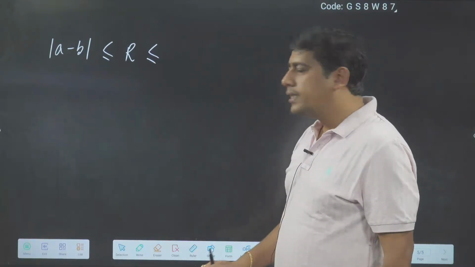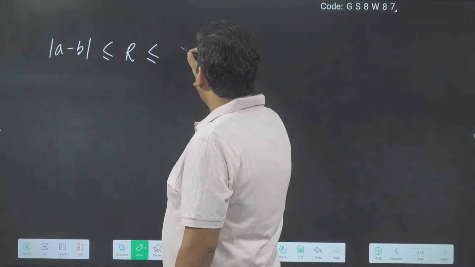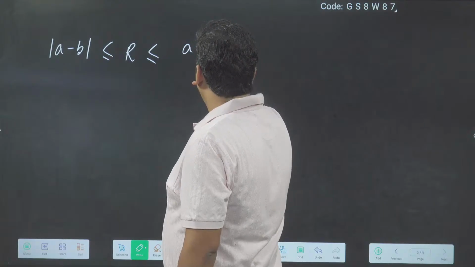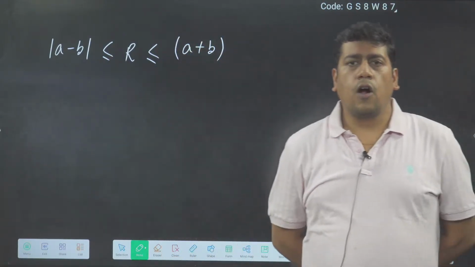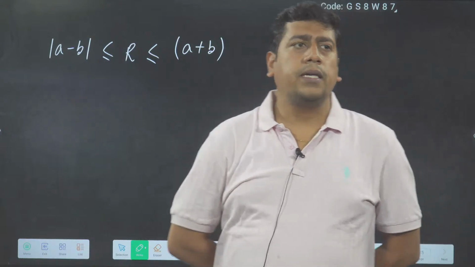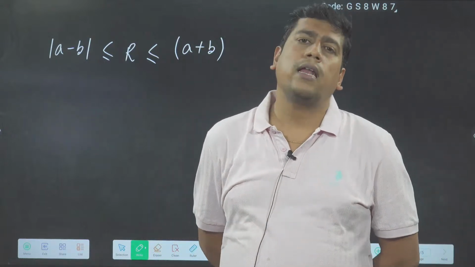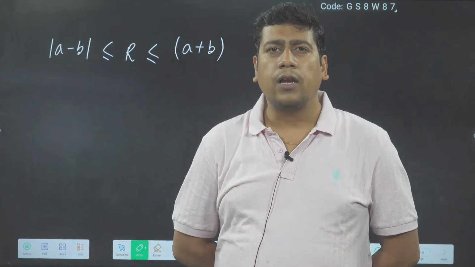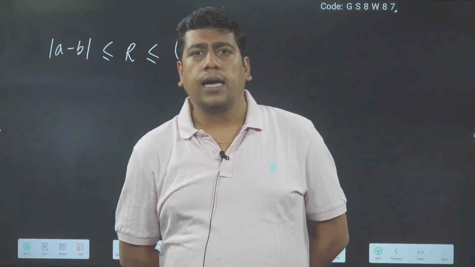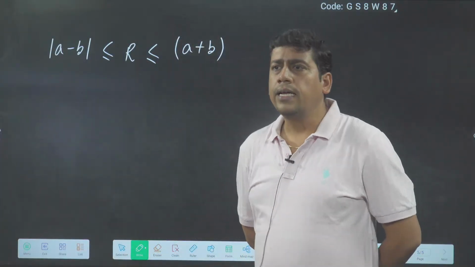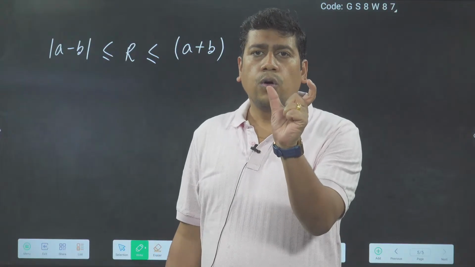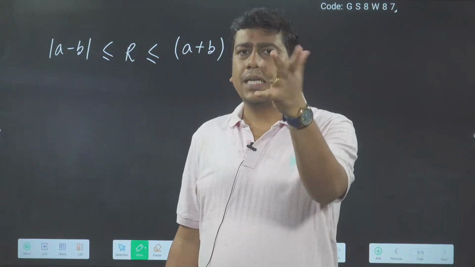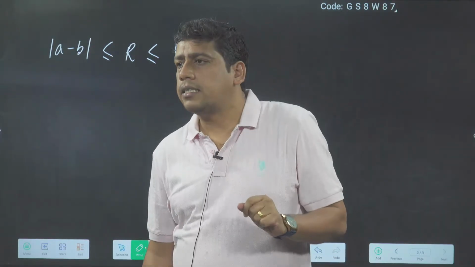It cannot be less than mod of a minus b, and it cannot be more than a plus b. And understand, the value of R should be positive. Negative magnitude doesn't make any sense, because magnitude means length of the arrow, and negative length of the arrow doesn't make any sense. Correct?